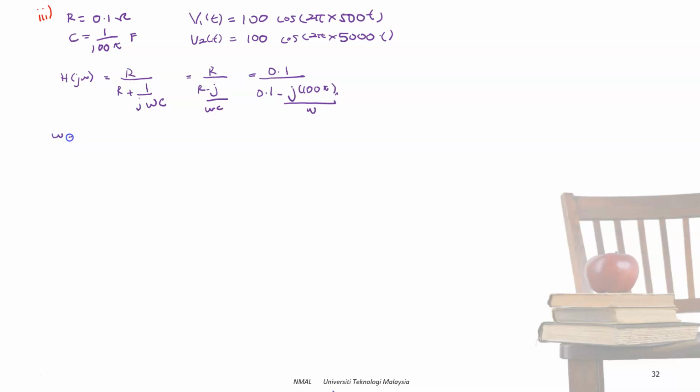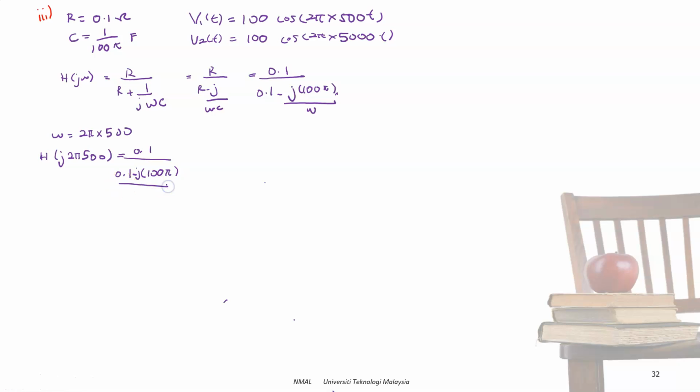Now for omega equal to 2 pi times 500, we can get H(j 2 pi 500) equal to, we put the value, 0.1 divided by 0.1 minus j 100 pi divided by pi multiplied by 500.